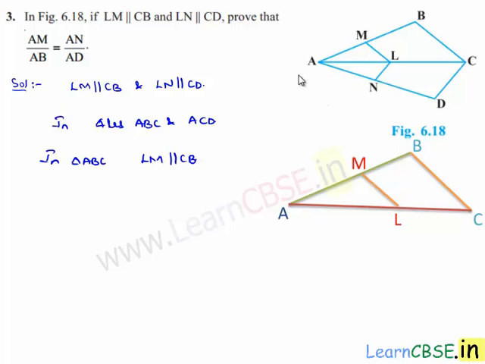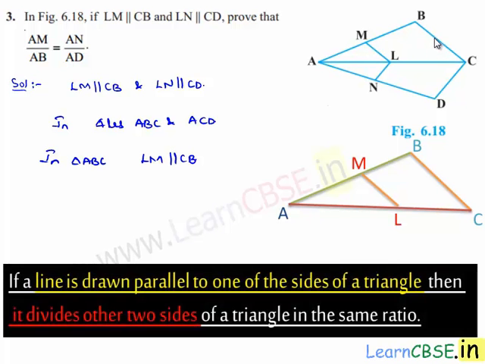So from here we can say that if a line is parallel to one side of the triangle, then it divides other two sides of the triangle in the equal proportion from the basic proportionality theorem. So on applying this, we get AM by MB is equal to AL by LC.